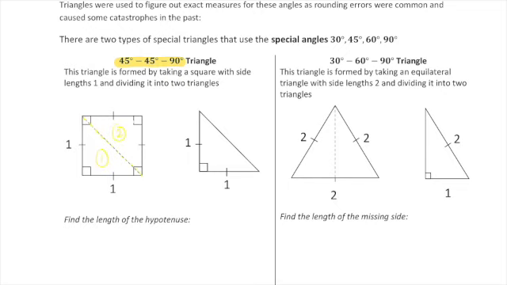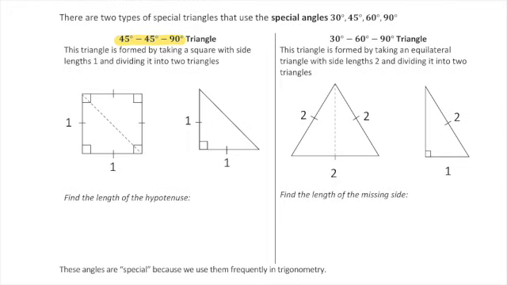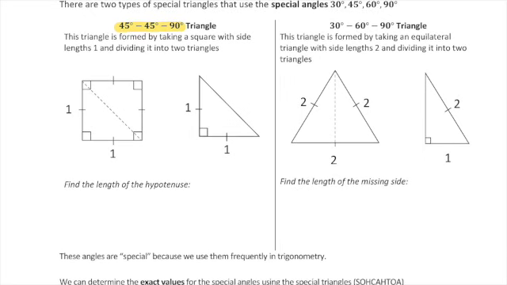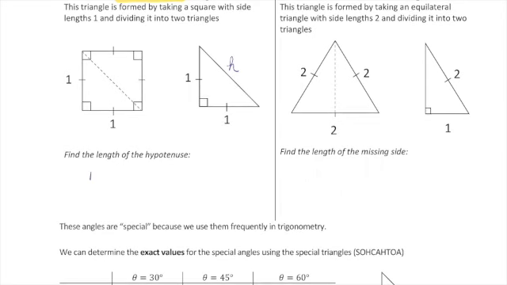We have one right-angled triangle here, and we have a second right-angled triangle here. I'm just going to focus on the bottom left one, it doesn't really matter. If I look at this right-angled triangle, it still has side lengths that are equal to 1 and 1. Then I can use Pythagoras to figure out, what's the length of the hypotenuse? Let's say that I'm going to label the hypotenuse with h. Then I know that 1 squared plus 1 squared is equal to the hypotenuse squared, so h squared.